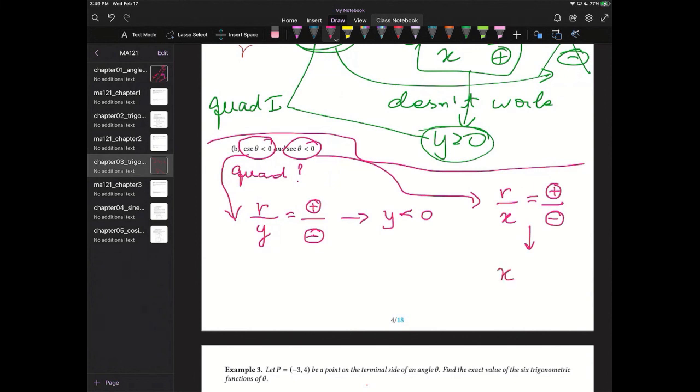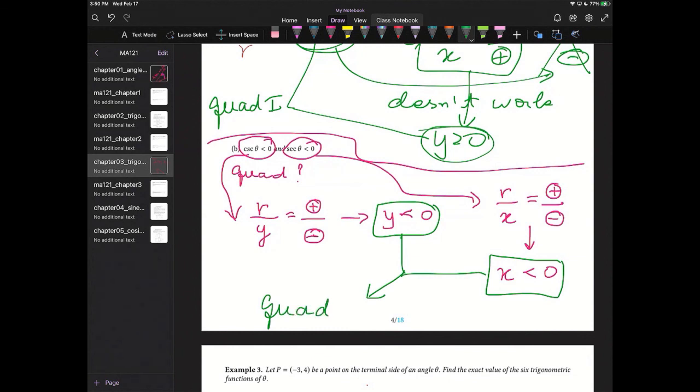So we know that x is also negative. Now, together, I have that both y negative and x negative only happens in quadrant number 3. So I know that theta must be in quadrant number 3, meaning the terminal side must fall in some position within quadrant number 3.